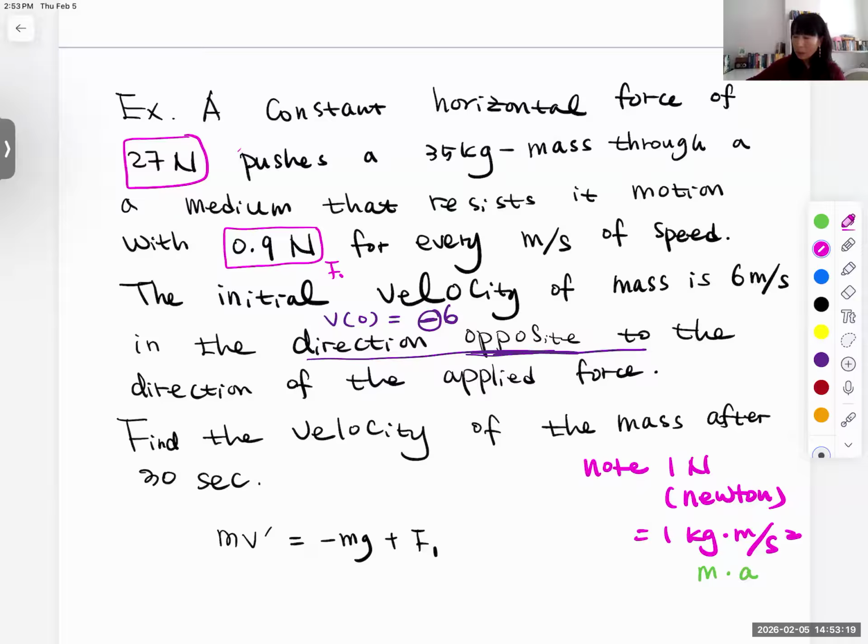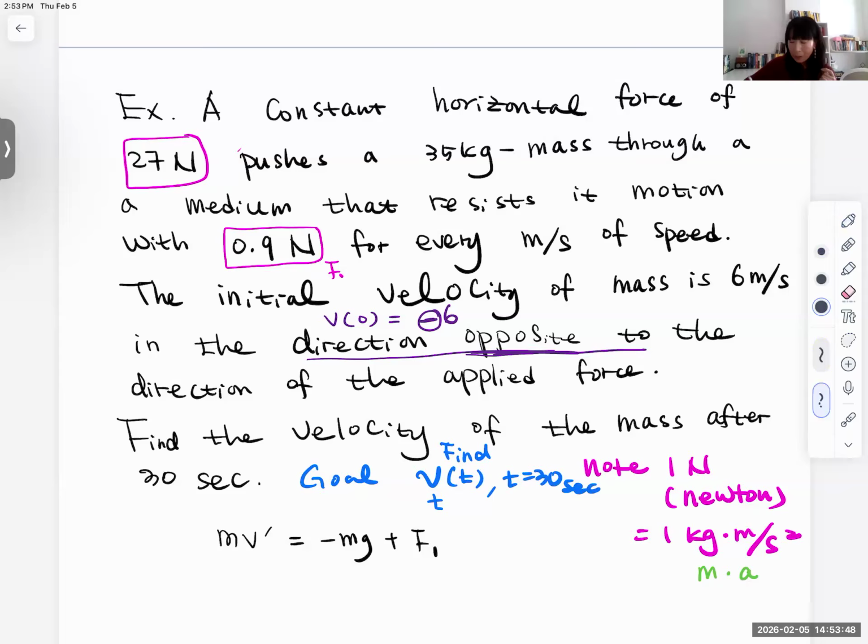So what's the goal? We want to find the solution v of t, and then the velocity when t equals 30 seconds.